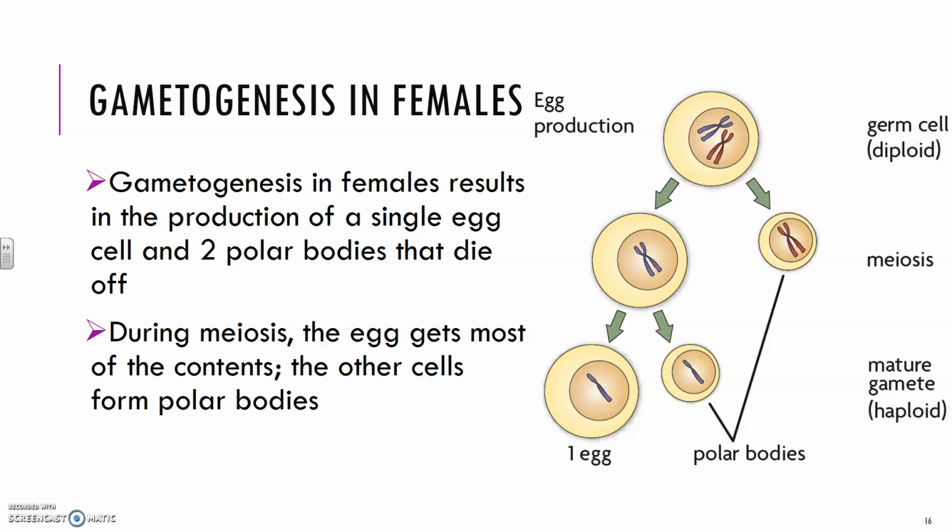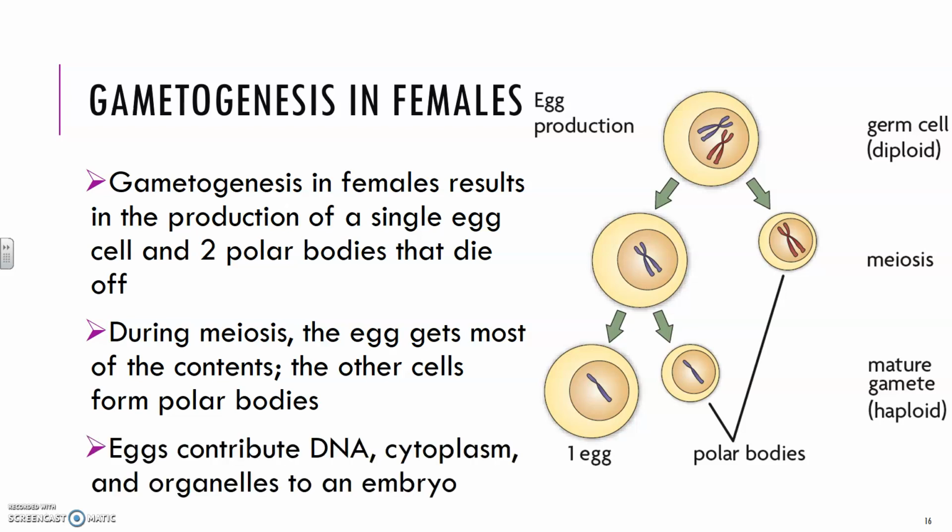And this is because the egg cell really has to bring the DNA, cytoplasm, and the organelles into the embryo. If it did an equal division, so if both of the daughter cells got the same amount of cytoplasm and organelles, it would have to have a really long interphase period in order to grow up to a good size again when it could divide.